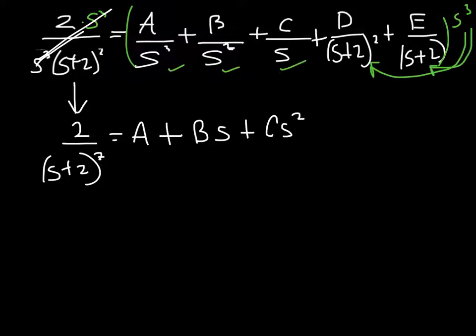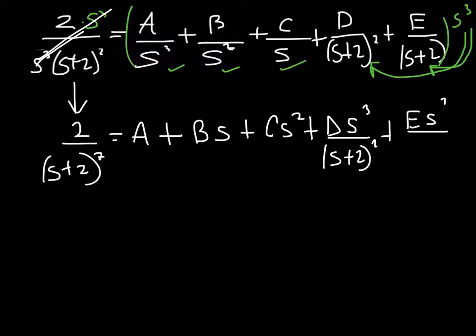Nothing simplifies, just because, again, there are no common factors. So let's go ahead and just write it in: Ds cubed over s plus 2 squared plus E over s plus 2, and that's cubed.